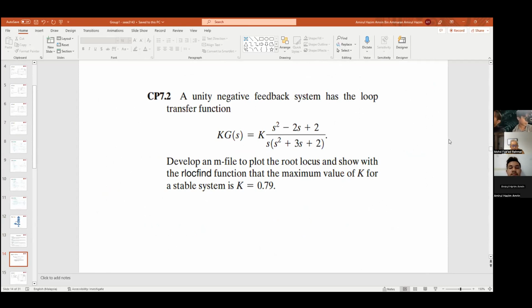Jadi masukkan K sama dengan 0.79. Dia cari close loop. Kemudian buat time response. Buat dia punya block diagram. KGS tu, masukkan K 0.79. Masukkan numerator, denominator tu dalam kotak Simulink tu. Kemudian buat unity feedback. Kemudian inject step. Tengok respon dia, stabil ke tak stabil. Kamu kena kreatif lah sikit.